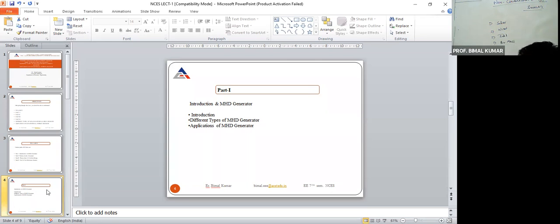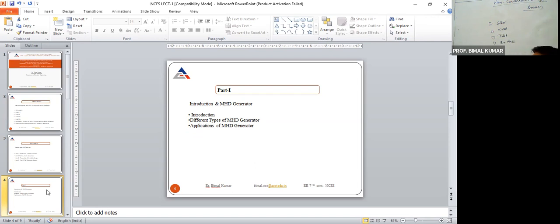In this MHD generator, instead of the ordinary conductor, we are replacing it with a conducting fluid, right? That means the conducting fluid will be passed between the magnetic lines of field.